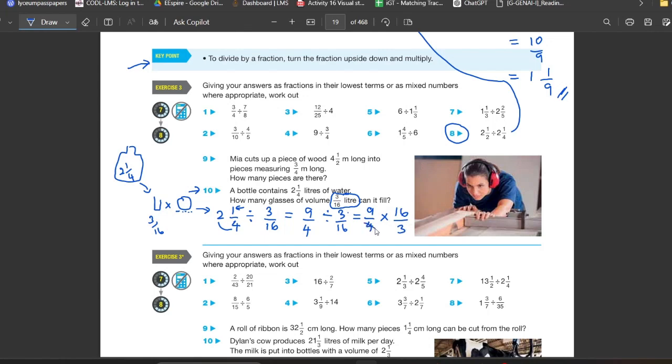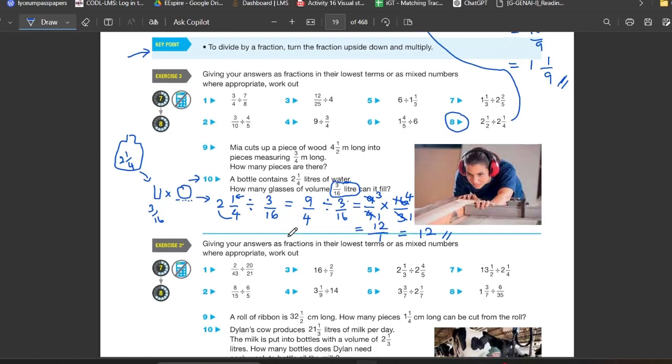Now we can cancel the common factors. 4 times 1 is 4, 4 times 4 is 16, and 3 times 3 is 9, 3 times 1 is 3. Now you can see, numerators multiply, 3 times 4, 12, over 1 times 1, 1. This becomes simply 12. So we can fill 12 glasses like that.